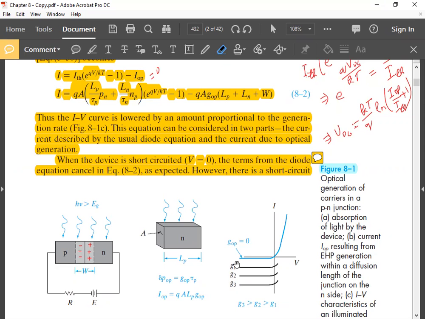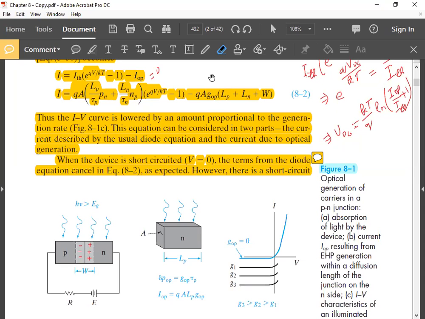Okay. Now this downward shift of the original curve is by the amount of this, right? Yes, sir. And this amount is proportional to GOP. Q is constant, A is constant, LP, LN, W are fixed values. So this downward shift, IOP, is proportional to GOP.